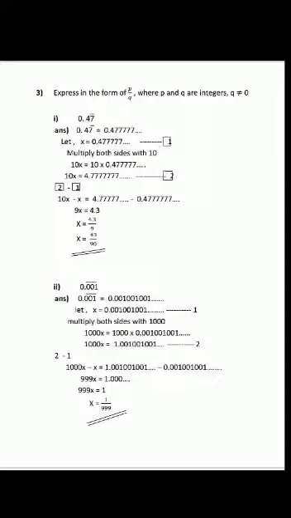So 1000x equals 1.001001, etc. That is the second equation. Second equation minus first equation, we get 1000x minus x equal to 1 minus 0.001001 and so on, so we get 999x equal to 1.00. 1.00 means it is 1 itself. So x equal to 1 by 999.